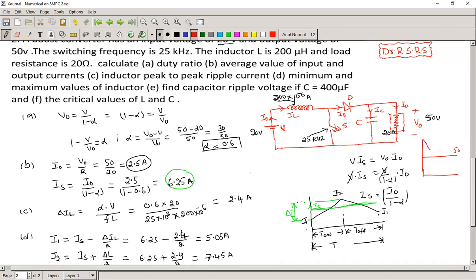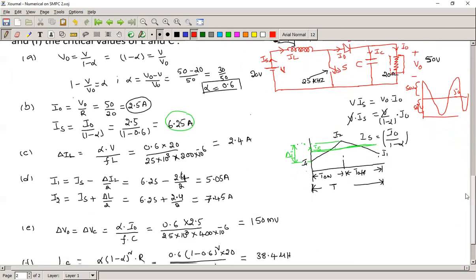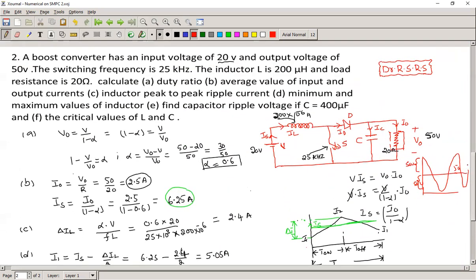The output voltage will vary in this manner around this value, above 50 and below 50. That is the condition we have taken, because when deriving the critical capacitance, we took the output voltage delta V equal to 2 times V naught. That is the physical meaning of that. So in this manner, we have designed the different parameters in the boost converter.